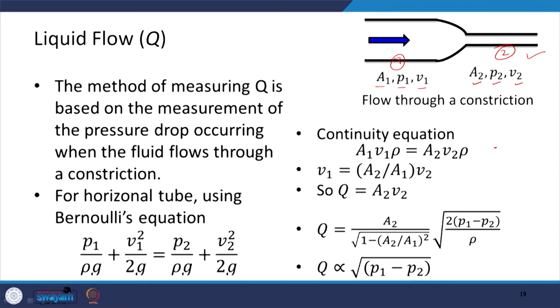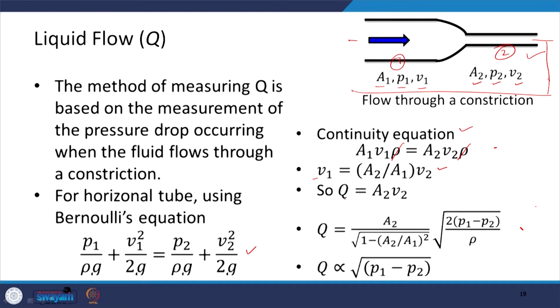This is a horizontal tube, so we can apply Bernoulli's theorem: P1 by rho g plus V1 square by 2 g is equal to P2 by rho g plus V2 square by 2 g for the two sections. Then we can use the continuity equation, that is A1 V1 rho is equal to A2 V2 rho, for conservation of mass. From here this rho gets cancelled, so I get V1 is equal to this thing.